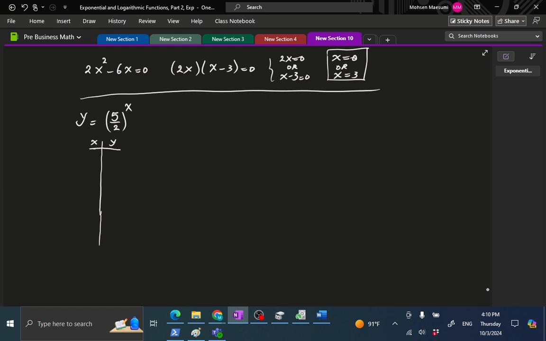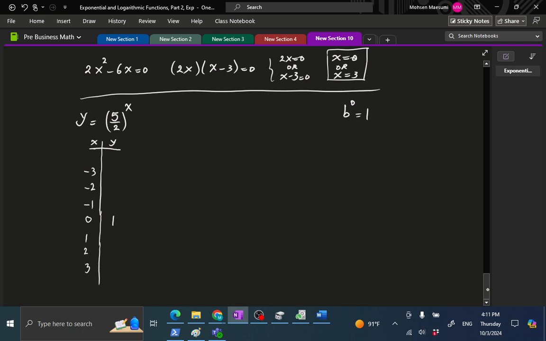Here everything happens around the center, so for x, I choose numbers like -1, -2, -3, and then 1, 2, 3. And of course, if my patience allows, I have more of them. So when I put 0, anything to the power of 0 is 1, except of course 0 itself, but any other number raised to the power of 0 is 1, so that is 1.